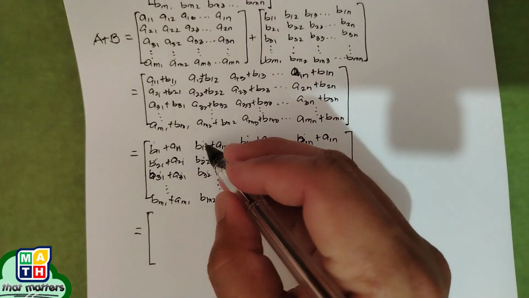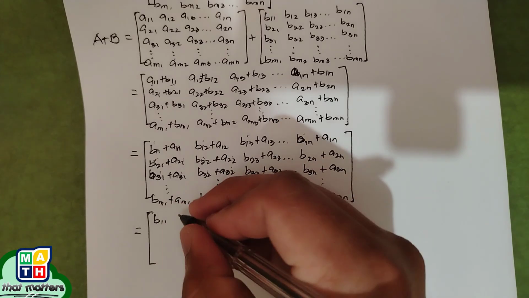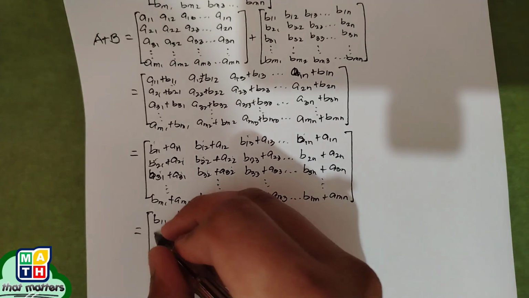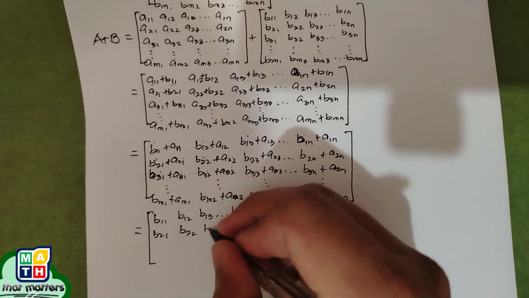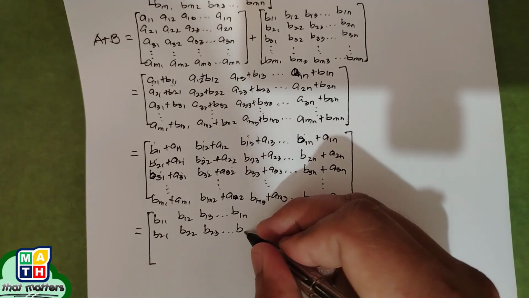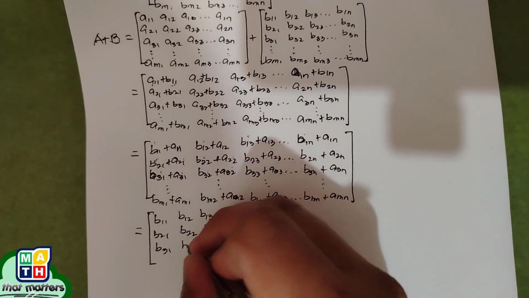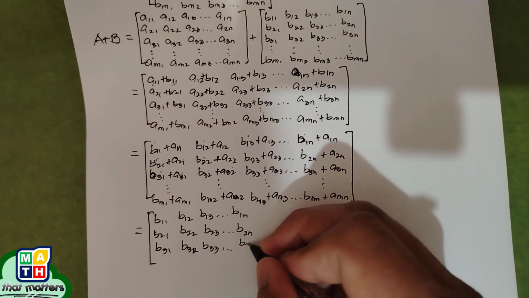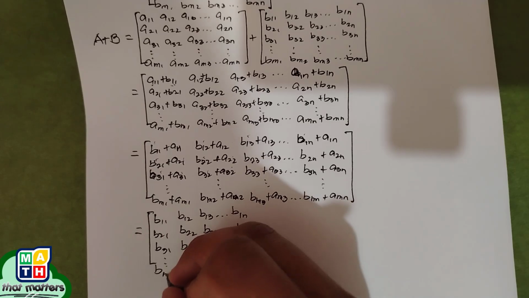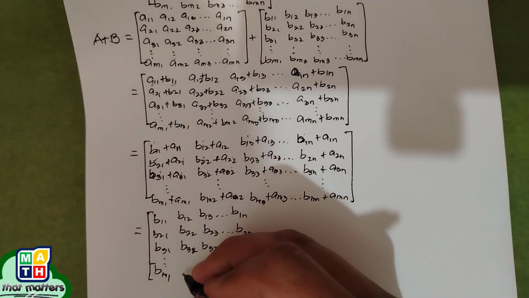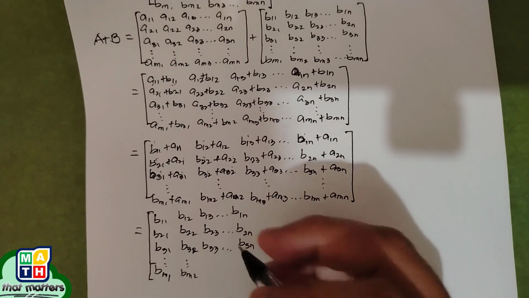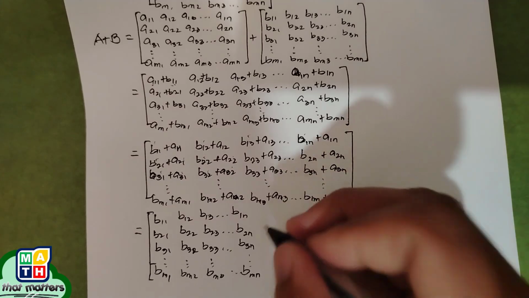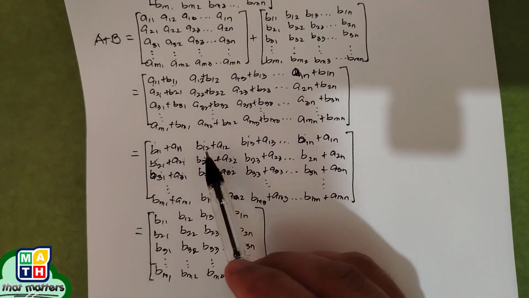We are taking all the first components of the sum: B11, B12, B13, B1n, B21, B22, B23, B2n, B31, B32, B33, B3n, Bm1, Bm2, Bm3, and you have here Bmn. These are all the first components of each sum.